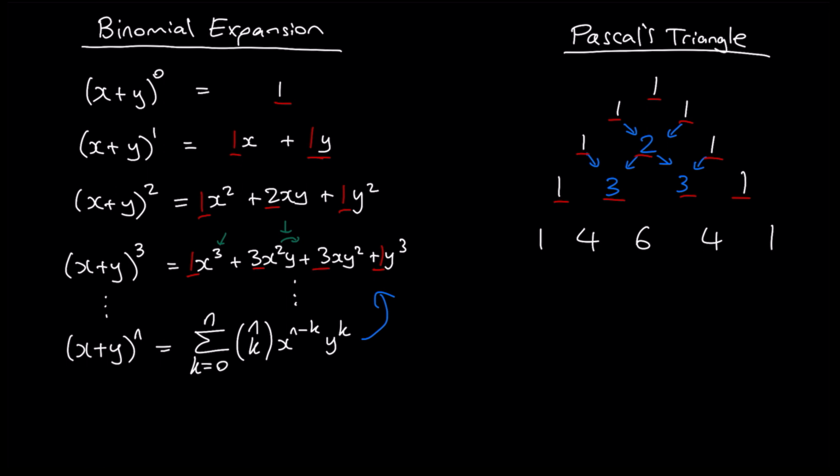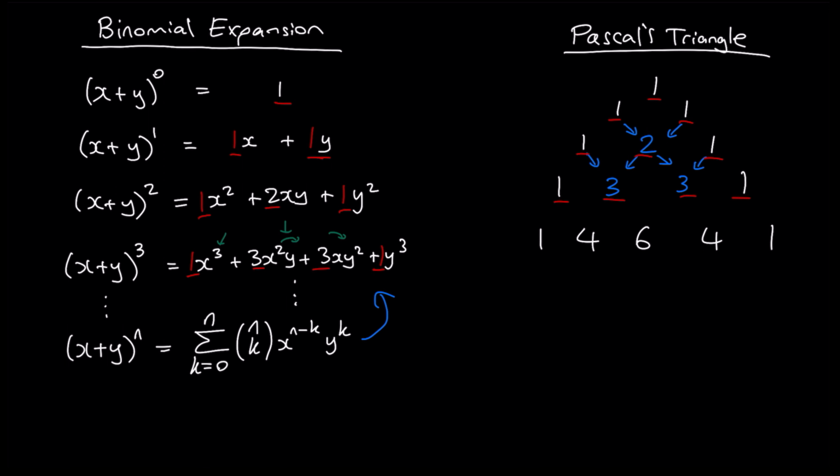So x cubed here becomes x squared y to the 1, and then it becomes x to the 1, y to the 2, so on. So that the powers of x and y follow a very predictable pattern, but the coefficients are slightly less predictable. But knowing this connection, you can just draw a Pascal's triangle. So that's a nice trick we've learned already.